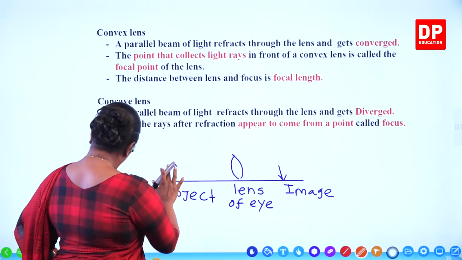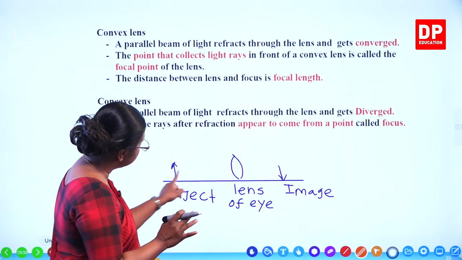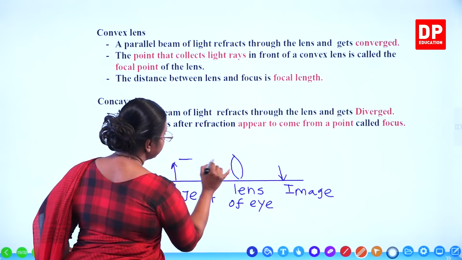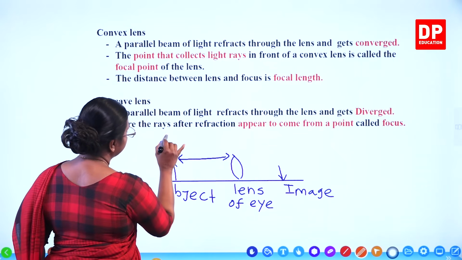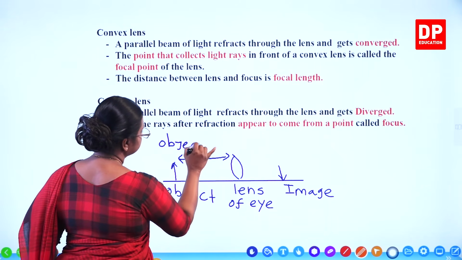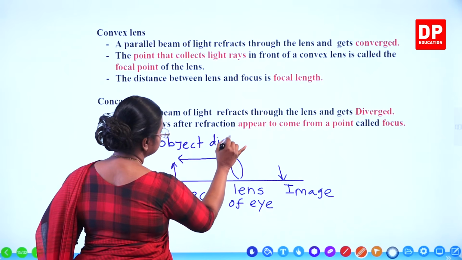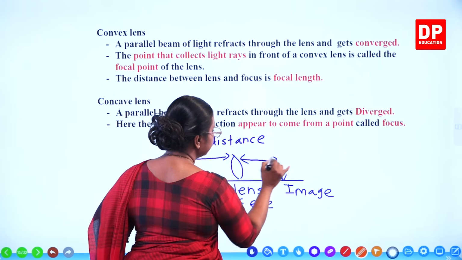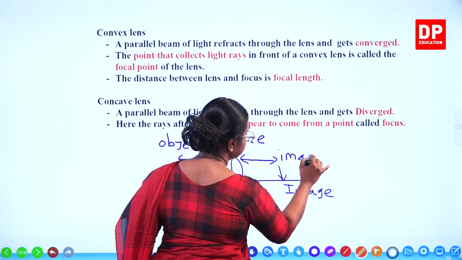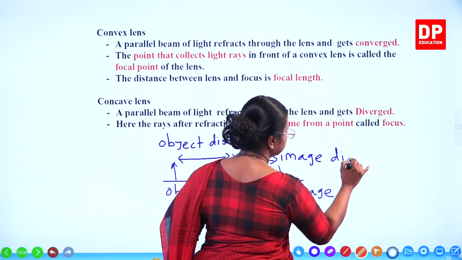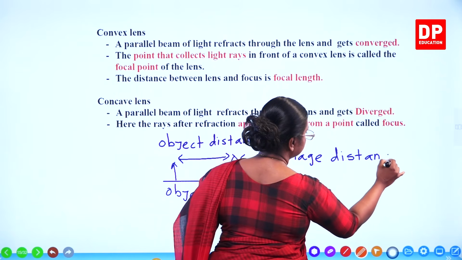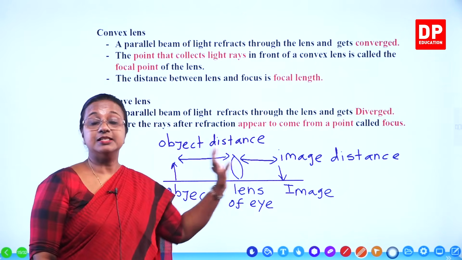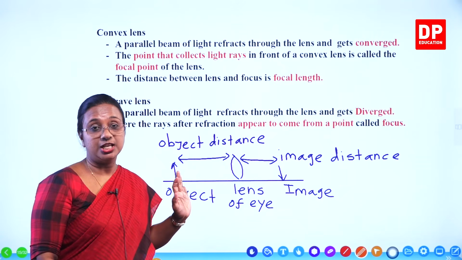But now if we consider the distance or the length between the object and the lens, this is the object distance, and this is the image distance. So based on the object distance, the image distance will change.